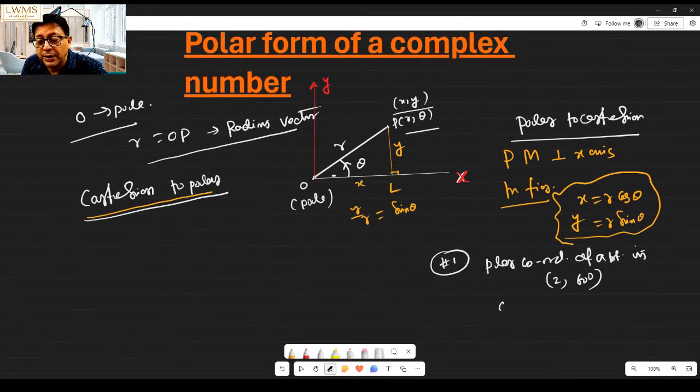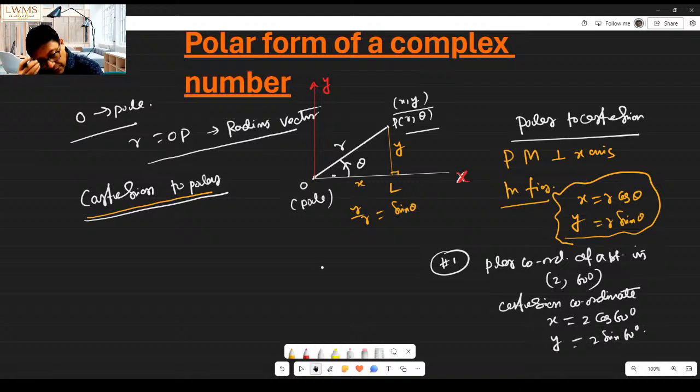The same point has Cartesian coordinate x equal to 2 cos 60, y equal to 2 sin 60. So this is nothing but root 3 and this is 1. So (2, 60) is equivalent to (root 3, 1). Is that clear? Clear?